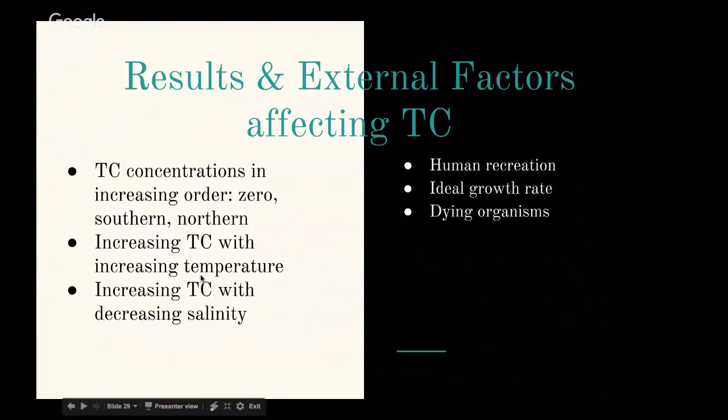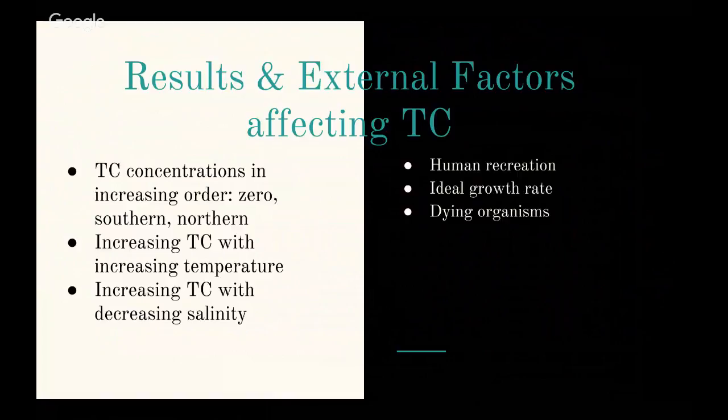For the temperature, we saw that the trend is increasing TC concentrations with increasing temperature. We found this was because we did some research about the ideal growth rate of the coliform with temperature.